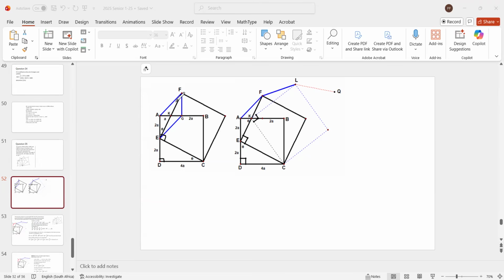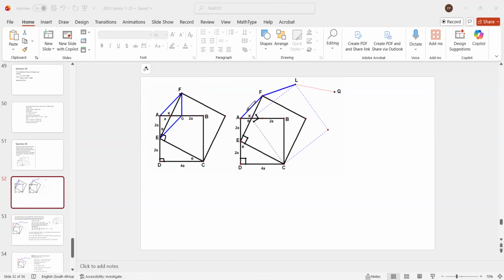Because now I join that, as you can see, and then construct the square on that, come down like that, right? And go up to where this point is. Here it goes up to L, right?